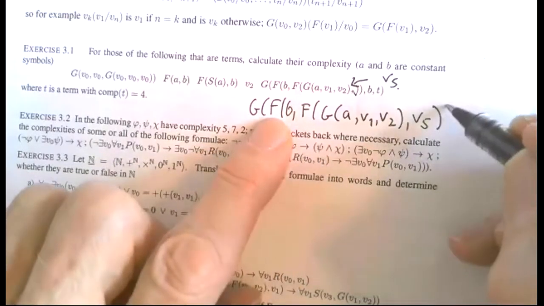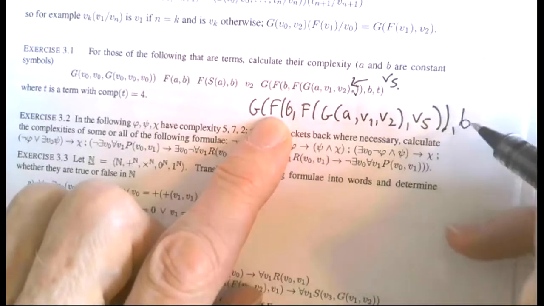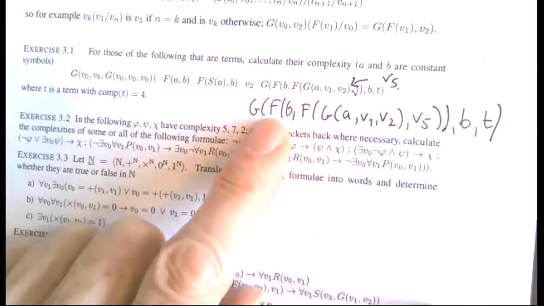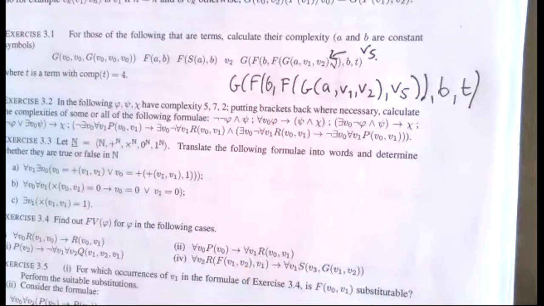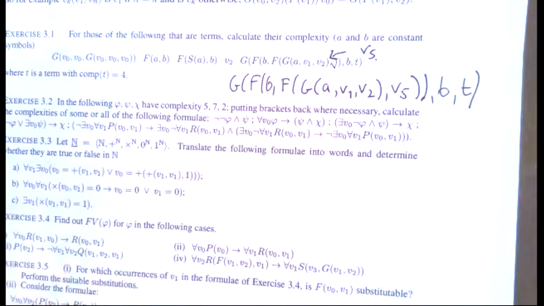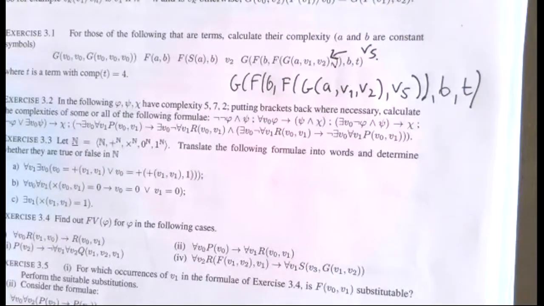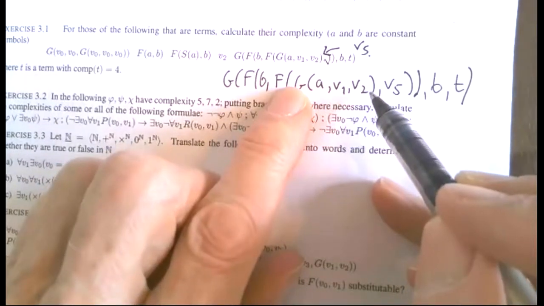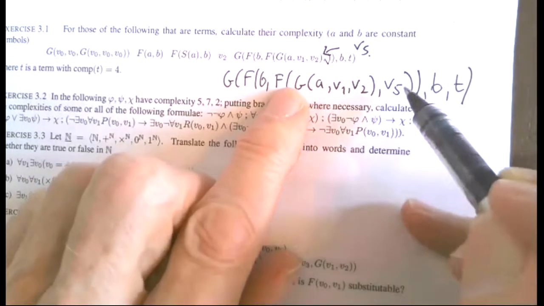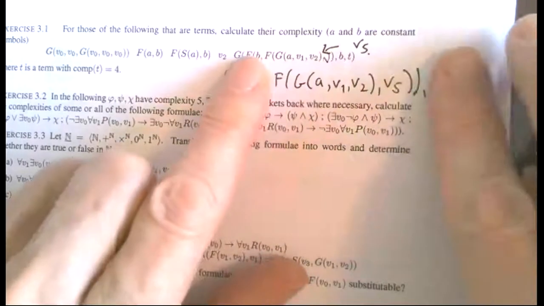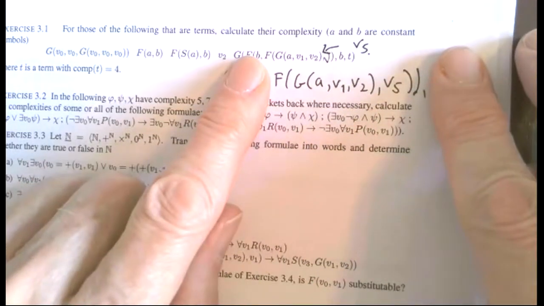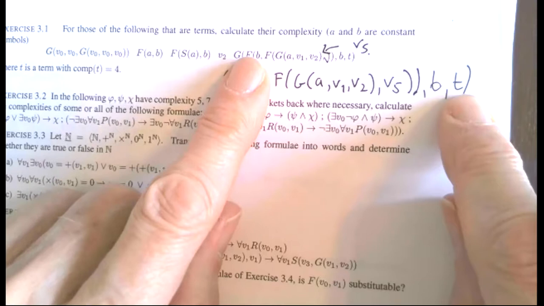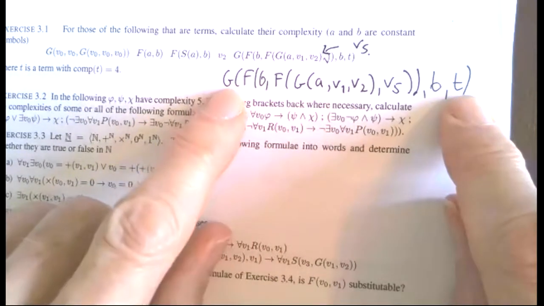So that goes with this, that goes with this, and now we've got B and T. Right, so there's a misprint with that, V5 missing. Okay, complexity 1, 0, 0, so this has got complexity 2. Okay, complexity 2, complexity 0, this has got complexity 3. Right? So complexity 3, complexity 1, T we're told is complexity 4.